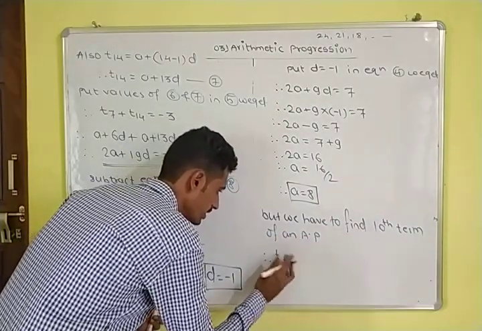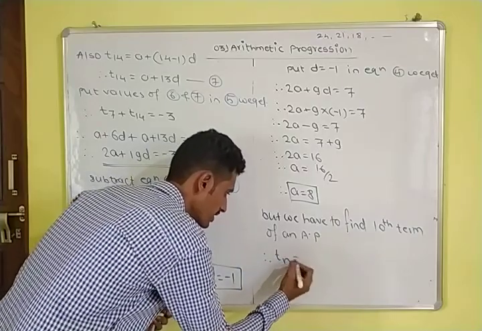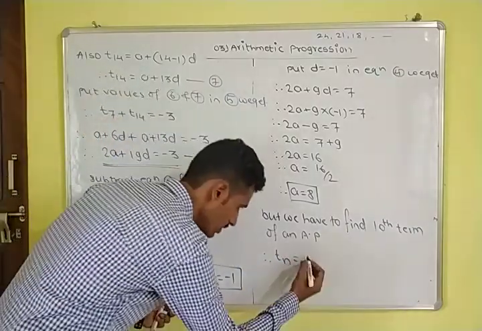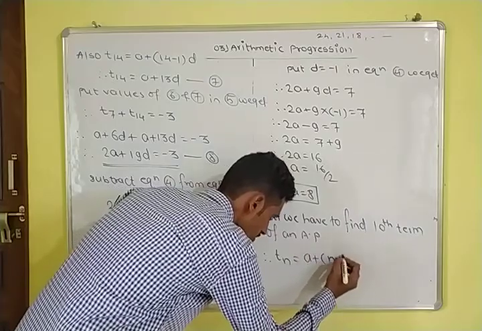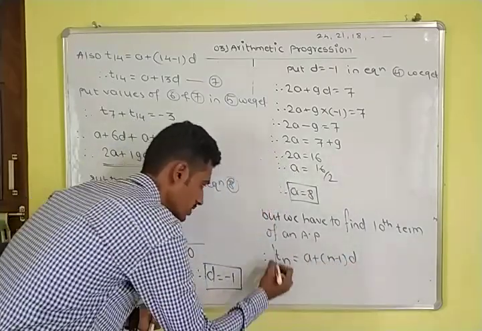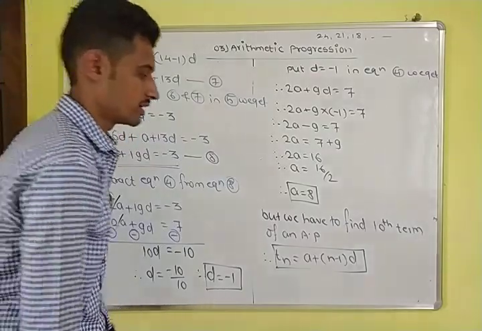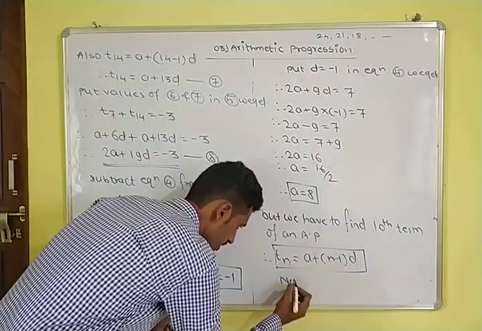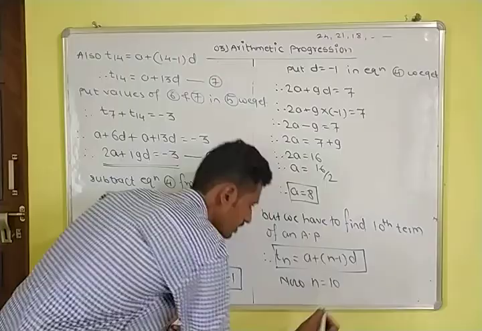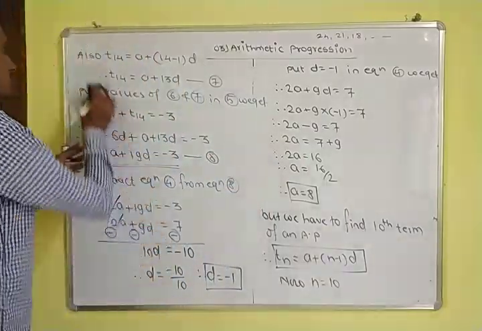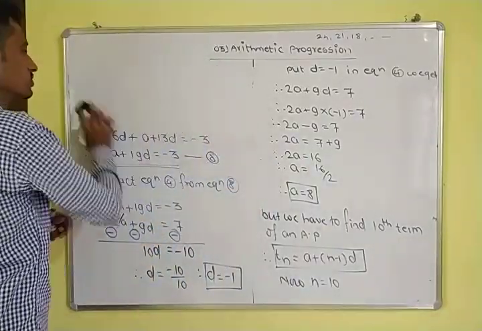Therefore, according to the formula, tn is equal to a plus n minus 1 into d. Using this formula we have to find the value of t10. Now n is equal to 10.